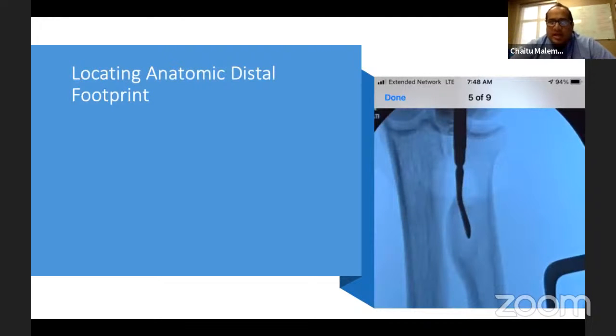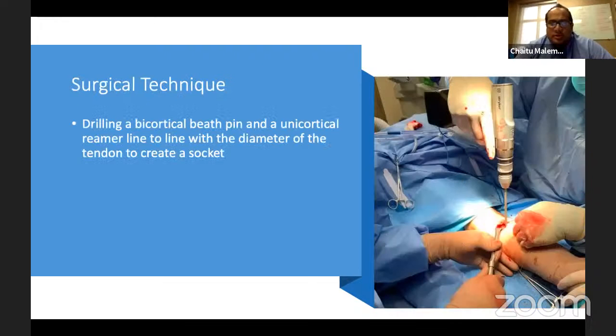So once I've done that, I use fluoroscopy to locate the anatomic distal footprint on the radial tuberosity. Here, my Freer is in pretty good location at the anatomic footprint of the distal biceps insertion. And then I drill a bicortical beef pin across both cortices, the near and the far cortex.